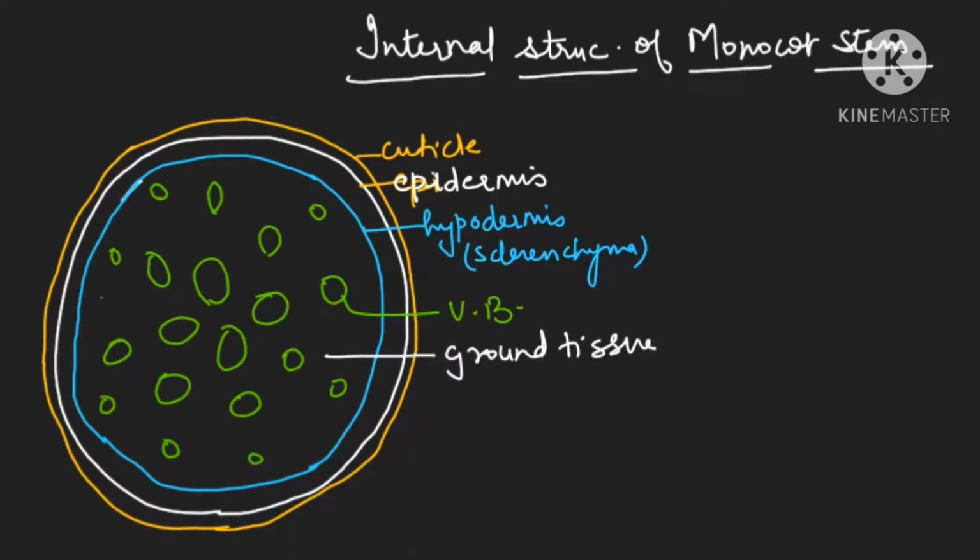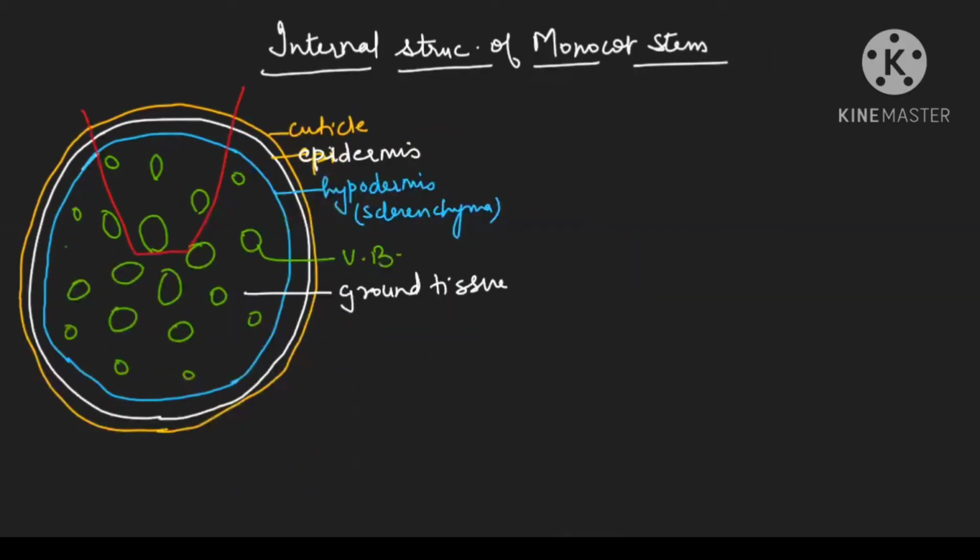Now let me explain using this part of the diagram, and we will study it here in detail. So now see, this is your single layered epidermis, which does not have multicellular hair trichomes. Trichomes are absent.